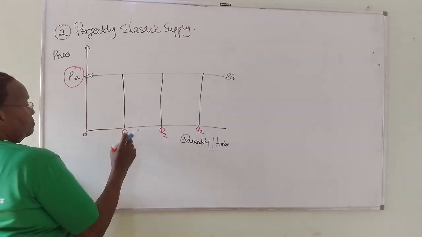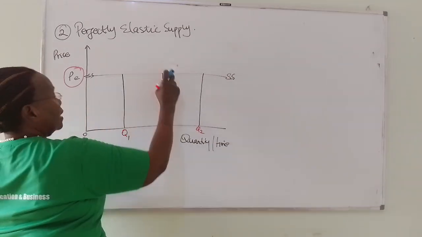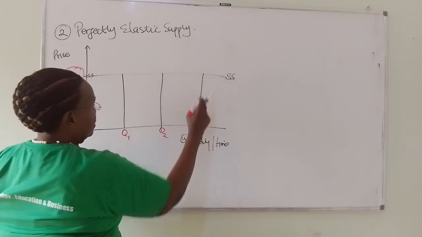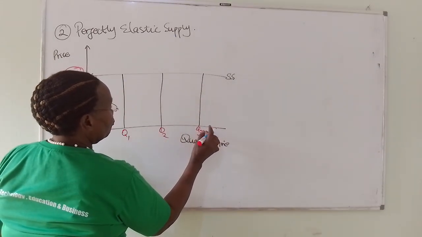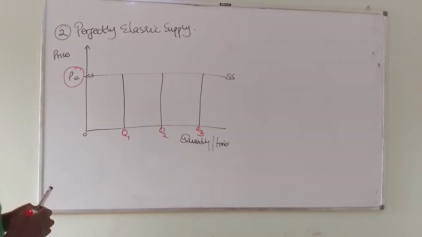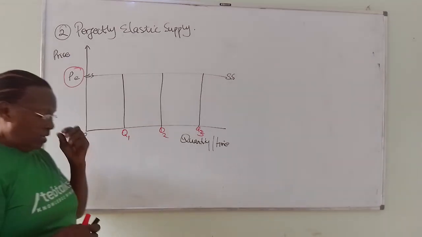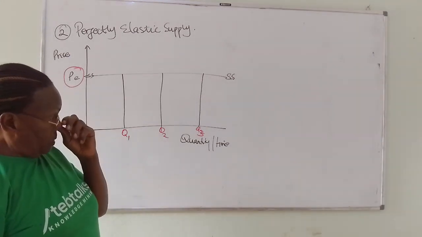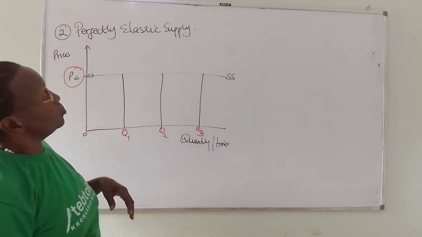So the price is the same. You have a small quantity, it can be a big quantity, it can be a much bigger quantity, which is Q3, and we say that the supply of that commodity is perfectly elastic, where there is no regulation, there is no restriction in the amount that will be supplied, even if the price does not increase.